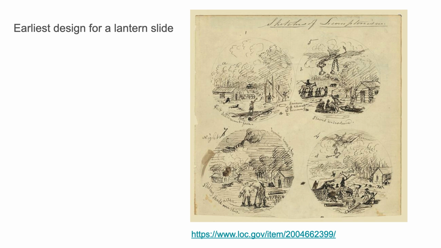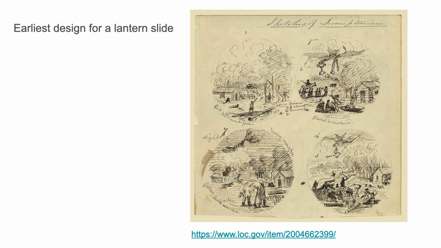In the Library of Congress holdings, the earliest design for a lantern slide is linked to the abolition movement. So the earliest one, which is held there, actually deals with sort of an allegory about the evils of slavery.